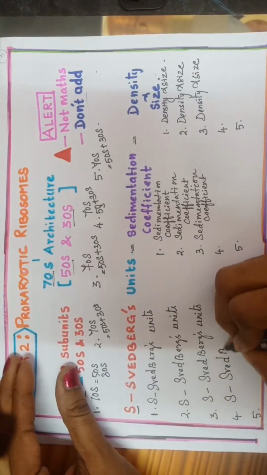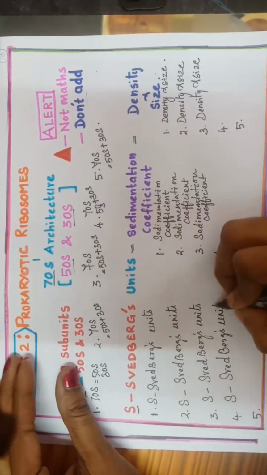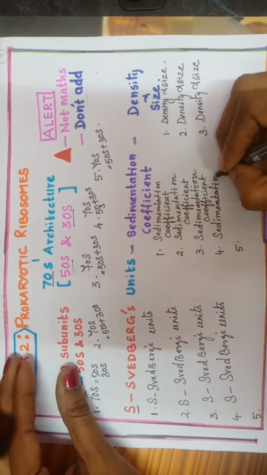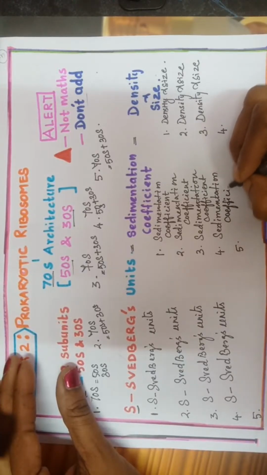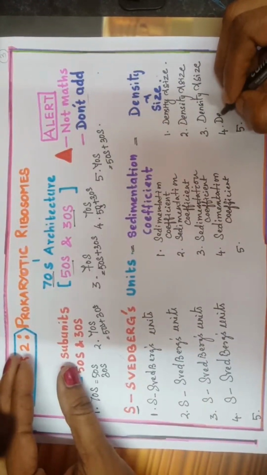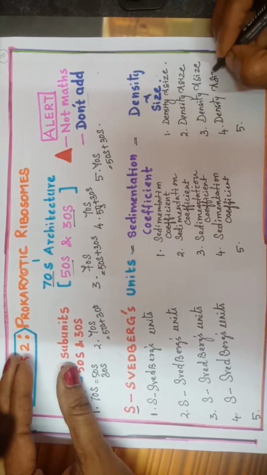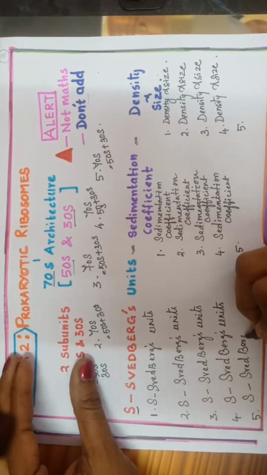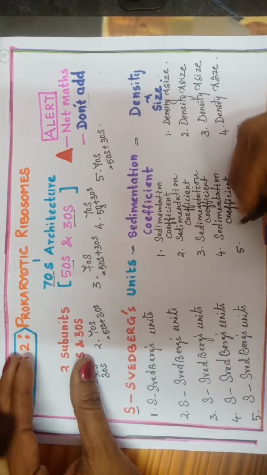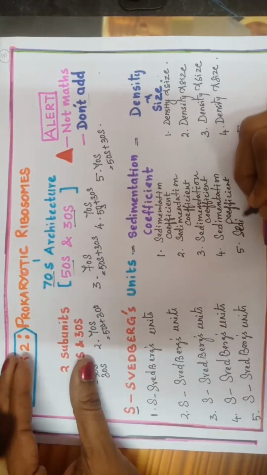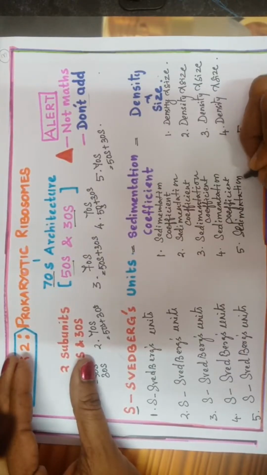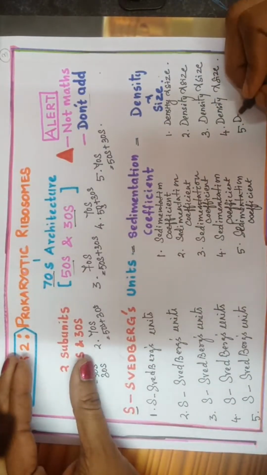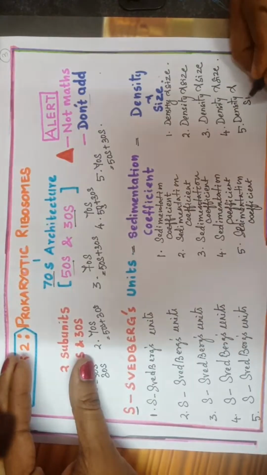S means Svedberg's units, which denotes sedimentation coefficient, an indirect measure of density and size.